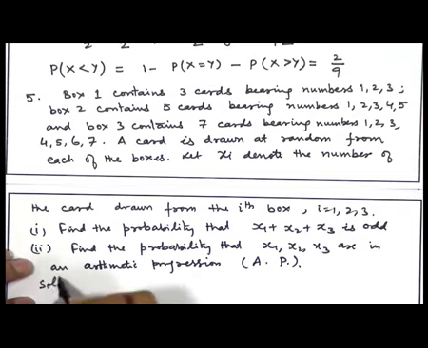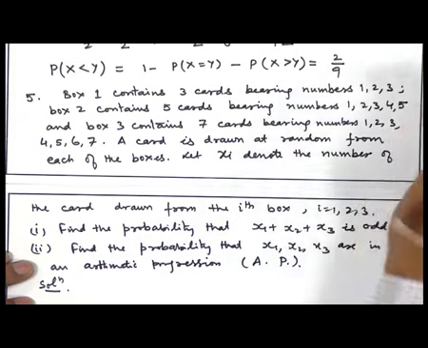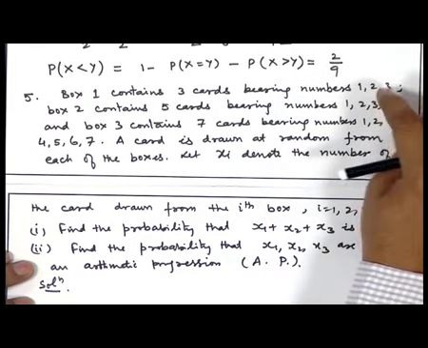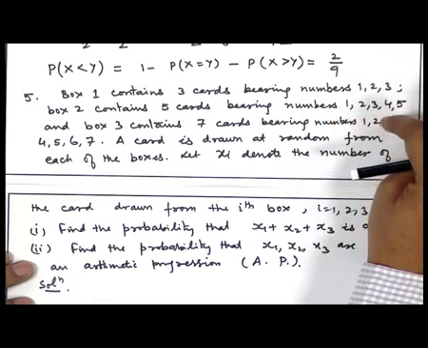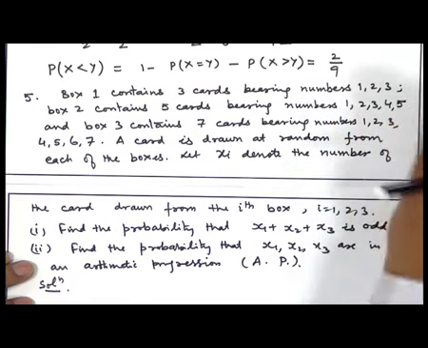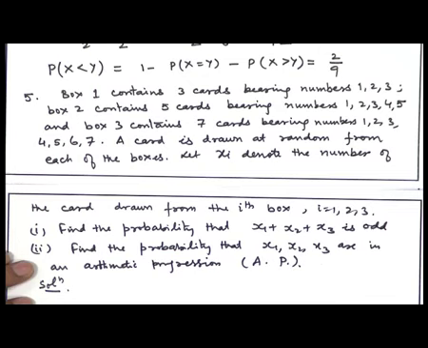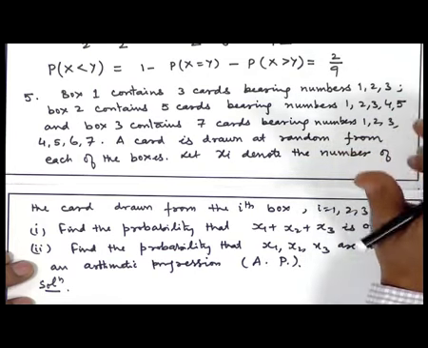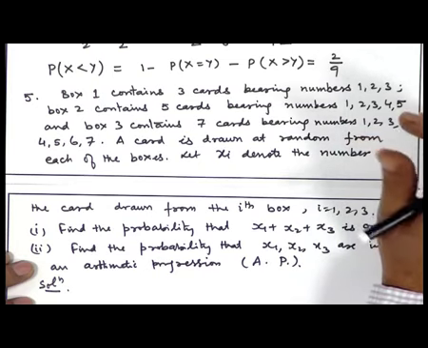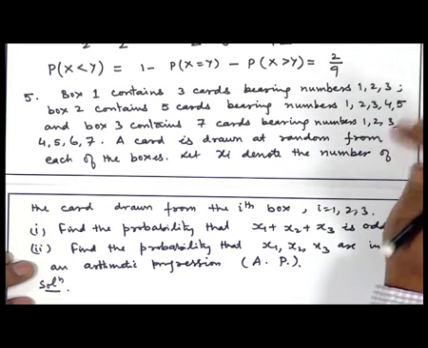Okay, so in box 1 there are 3 cards, in box 2 there are 5 cards, and in box 3 there are 7 cards. So, from each box when we are choosing the card, then from box 1 there are 3 possible ways, from box 2 there are 5 possible ways, and from box 3 there are 7 possible ways.